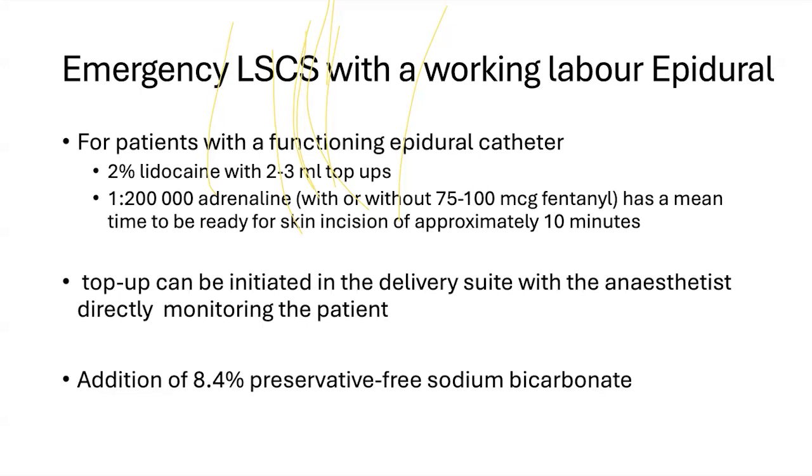But it is recommended to give 2% lignocaine, 2 to 3 ml top-ups. And if you want to enhance the action, they recommend to give 1 in 200,000 adrenaline with lignocaine and 75 to 100 micrograms fentanyl.